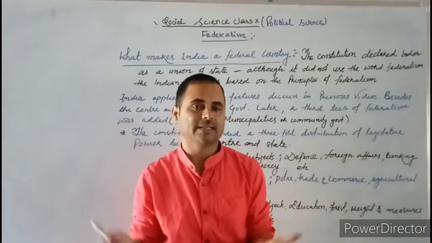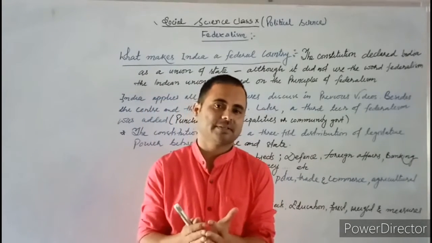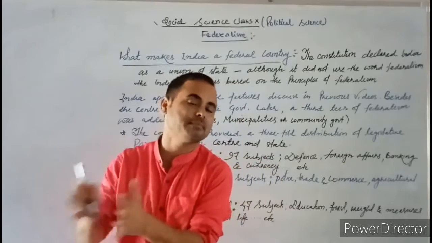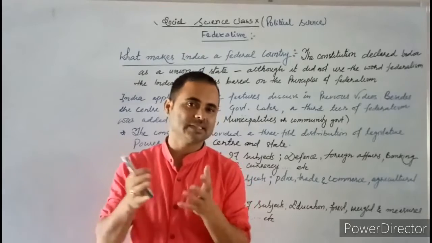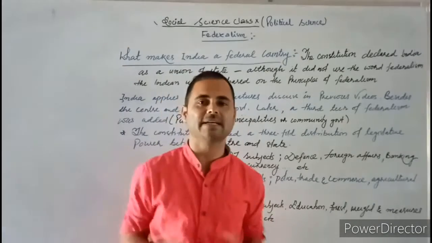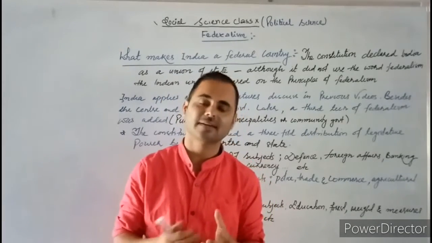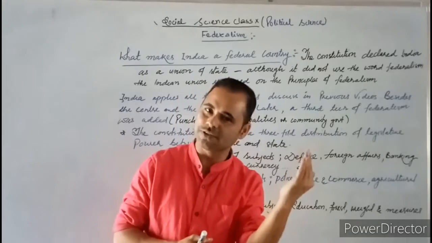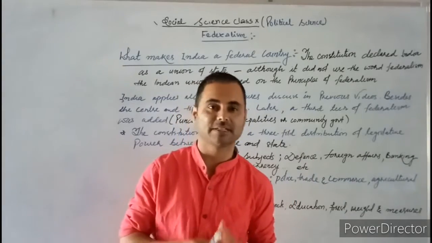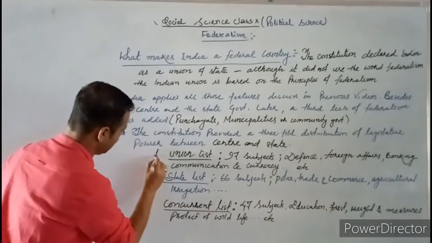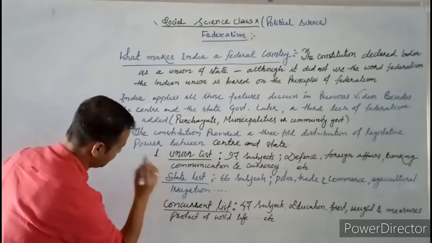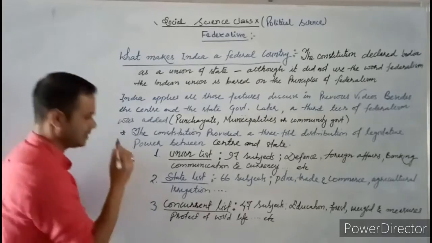In that whole aspect, the Constitution has given separate powers. Now let us try to understand these important features that make India a federal country. These are the union list, the state list, and the concurrent list.